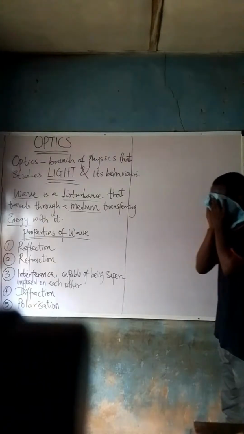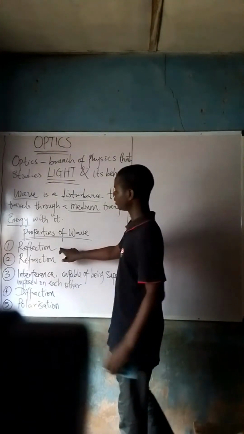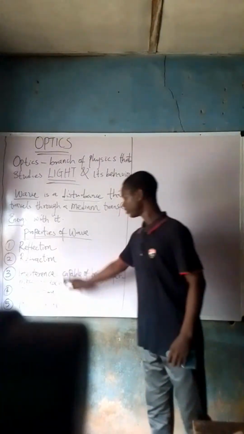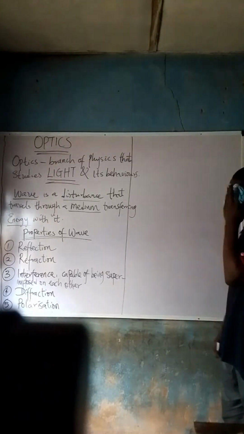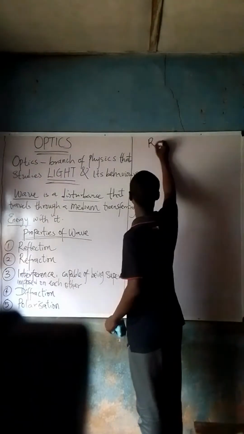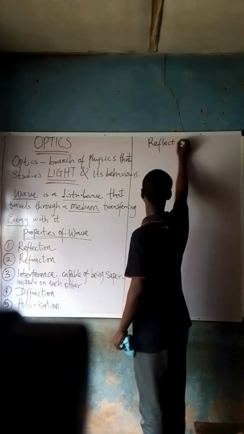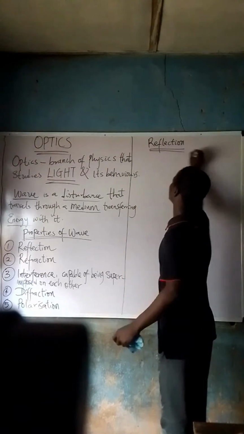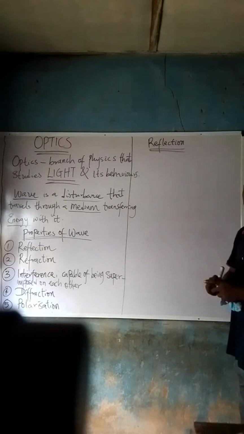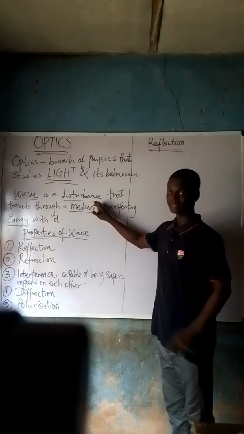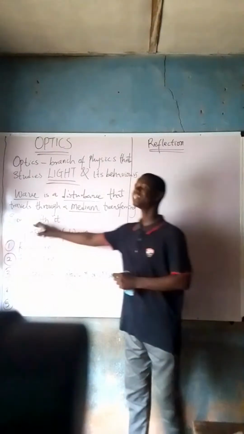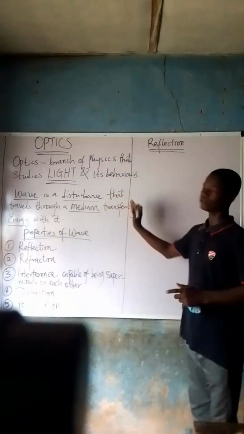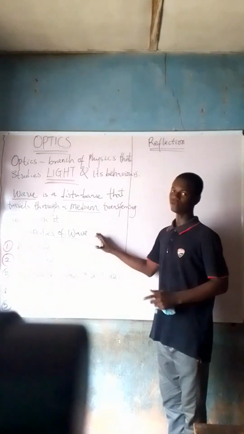All right, let's continue. Basically, we have to know what each of them means: reflection, refraction, interference, diffraction, and polarization. We won't waste much time on that. Now let's see what reflection is all about. Like I said, light is basically a wave, and a wave is a disturbance that travels through a medium, transferring energy with it. There are properties every wave must possess.